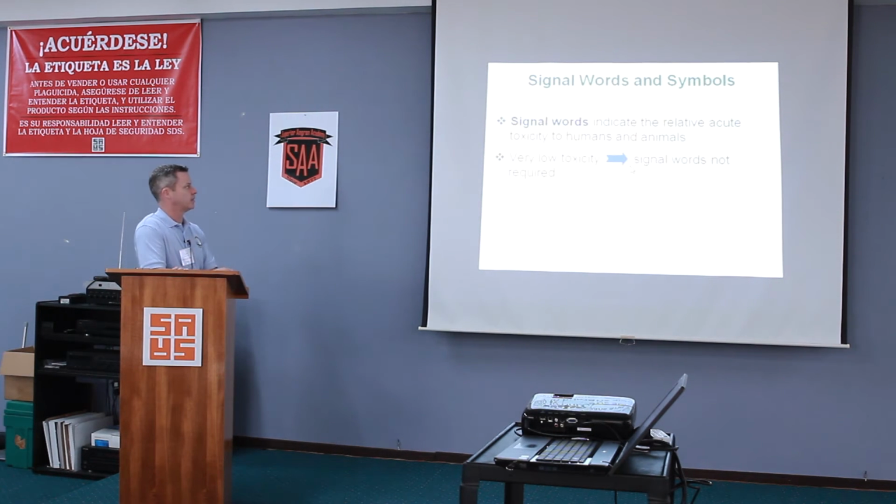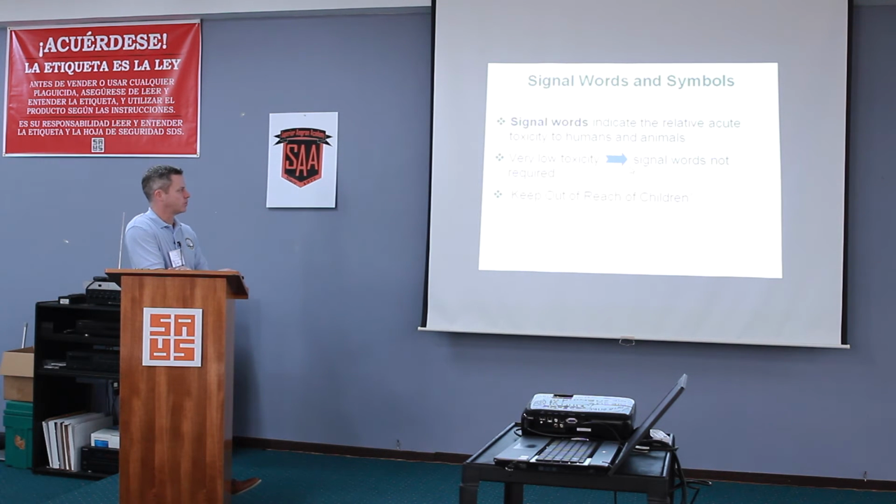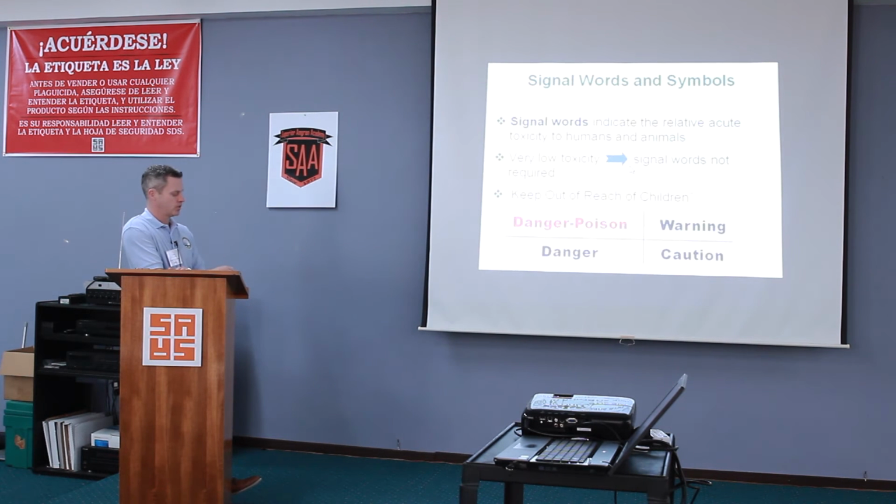Signal words indicate the relative acute toxicity to humans and animals. Very low toxicity may not require a signal word on the label. You're always going to see all pesticide labels state keep out of reach of children, and that's also where you'll see the signal word. So the 4 signal words are danger-poison, danger, warning, and then caution.